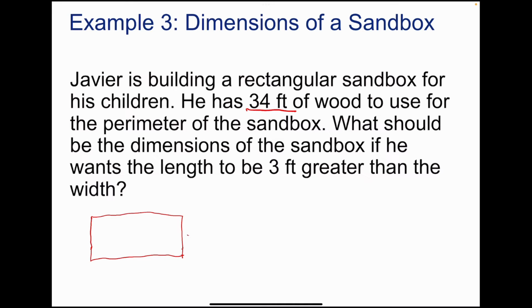So we can assume the width is x, then the length would be 3 feet greater, so it would be x plus 3, right? And now it becomes easy because we know the total perimeter, which equals the sum of the lengths of all the four sides, is 34.